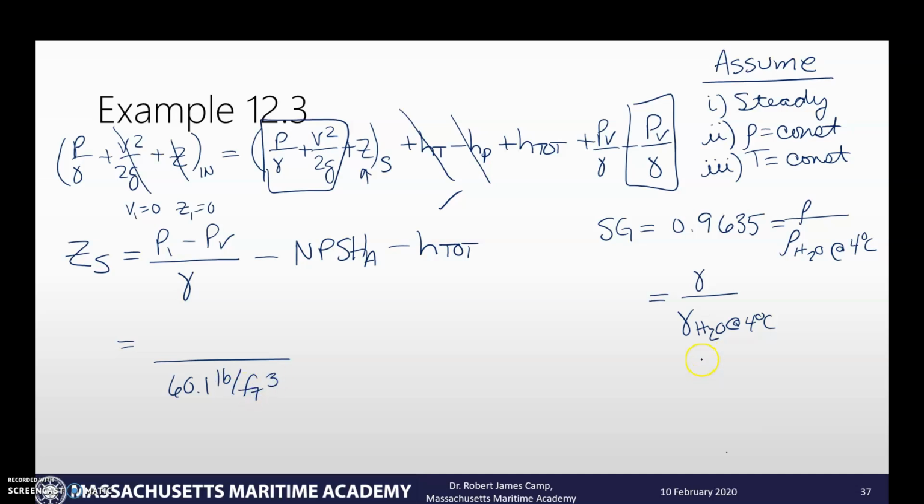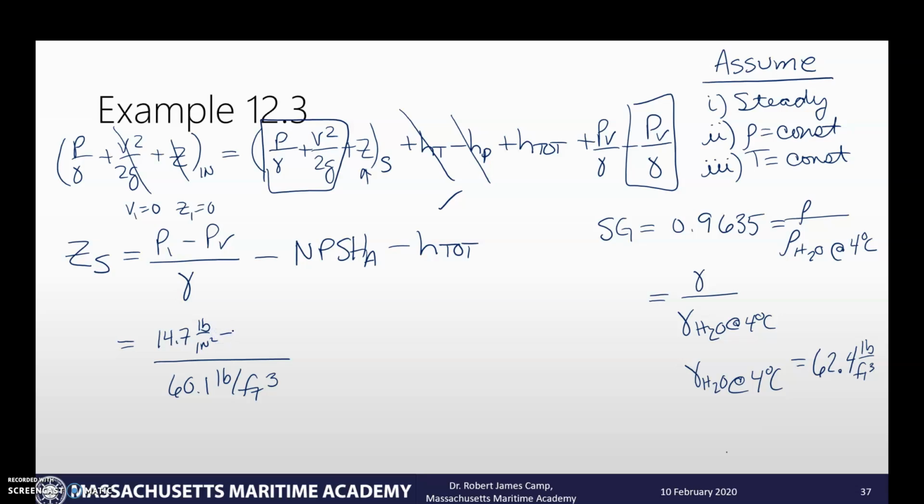Oh, and let's not skip a step here like I just did. Gamma of water at 4 degrees C, if you remember, is just about 62.4. It's actually 62.38, but that's close enough for what we're doing. Now, what is atmospheric pressure? 14.7 pounds per inch squared.